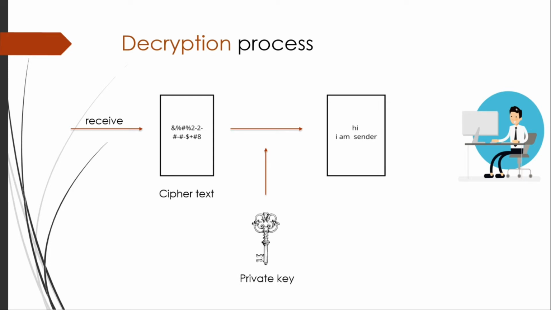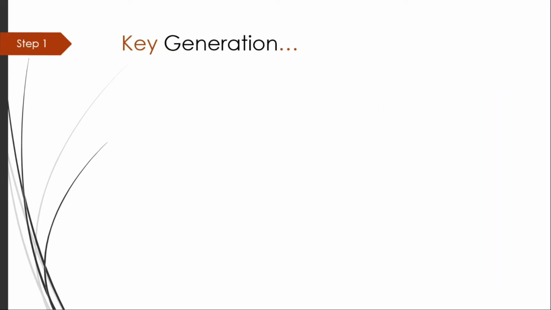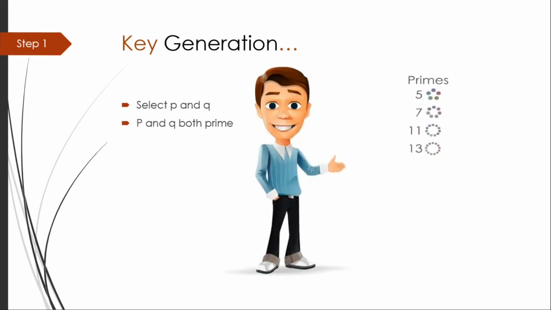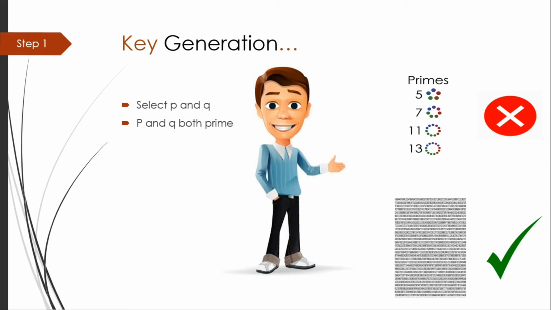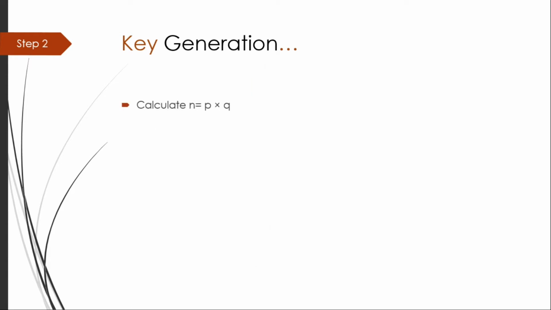Select P and Q. P and Q are integers and also prime numbers. For key generation, both the prime numbers must be large. A key size in the range of 1024 and 2048 bits seems safe. Small primes are not used in RSA.